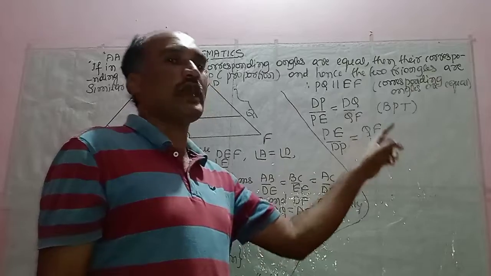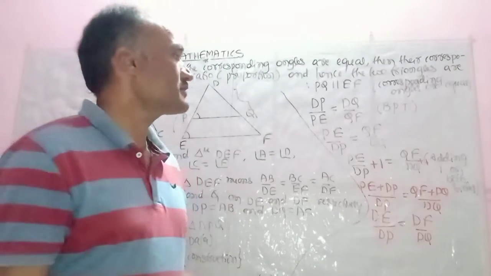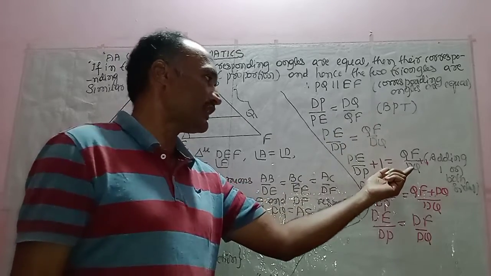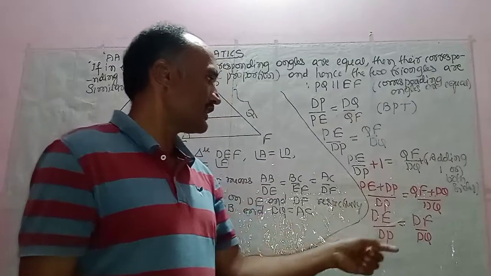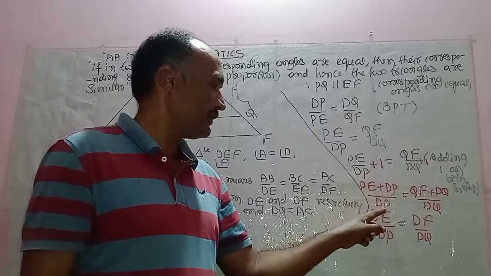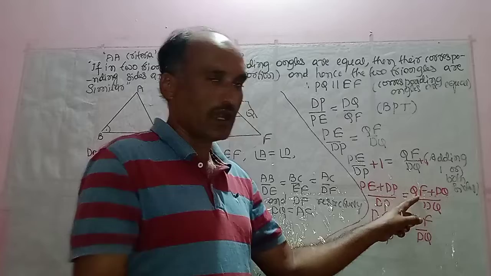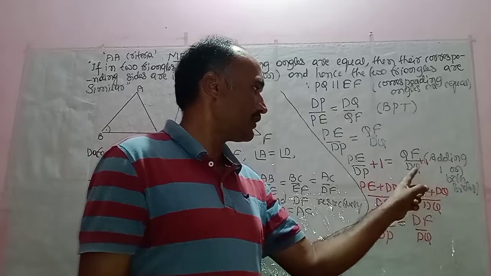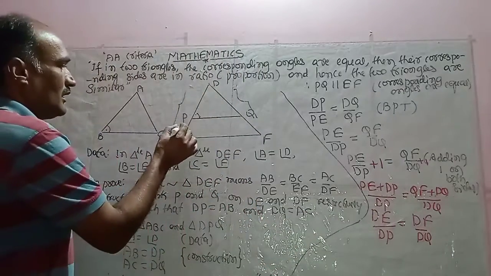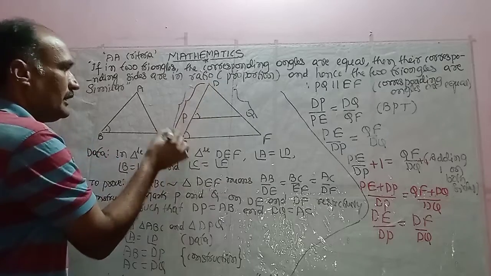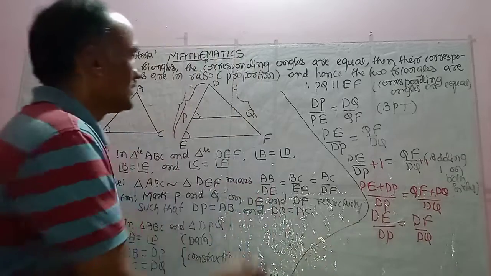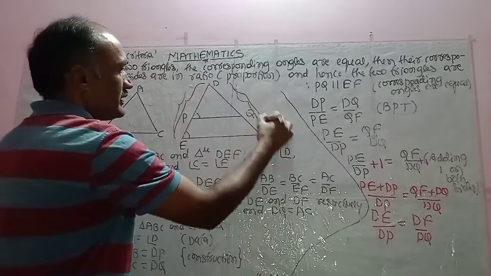Now on both sides I will add 1. For the ratio PE divided by DP equals QF divided by DQ, I add 1 on both sides, nothing will change. DP into 1 will be DP, so PE plus DP divided by DP is equal to QF plus DQ divided by DQ. But from the figure, PE plus DP gives you the DE length, and QF plus DQ gives you the DF length.